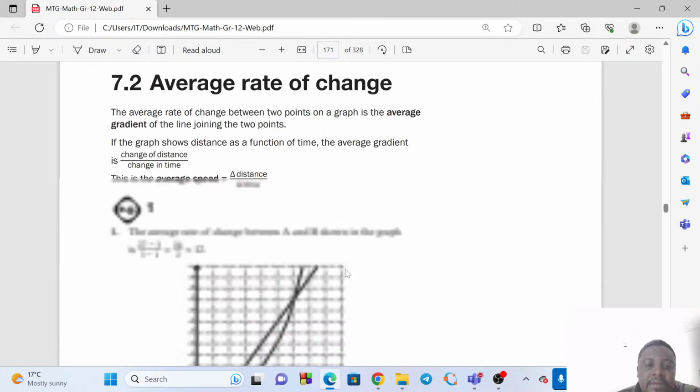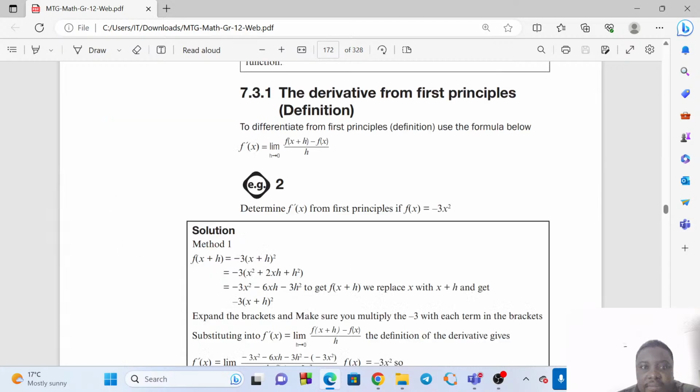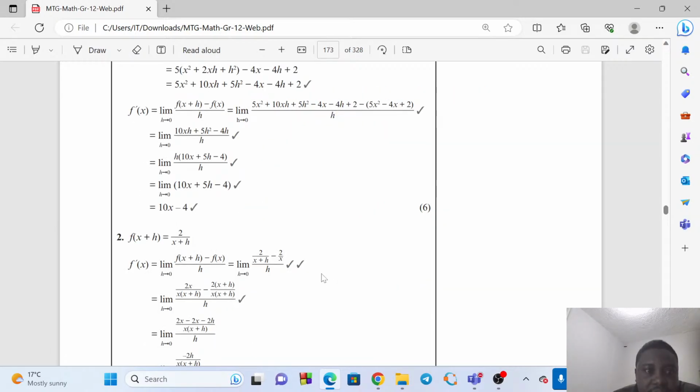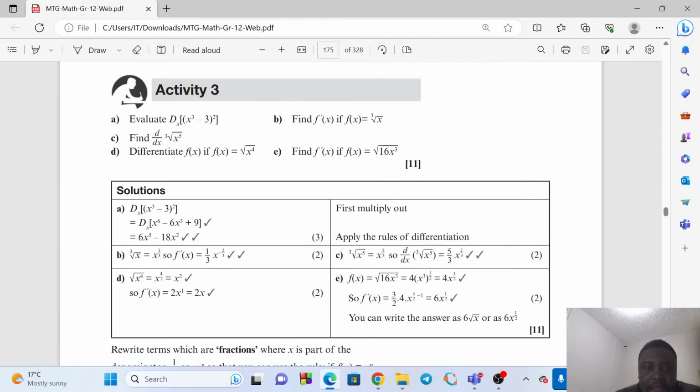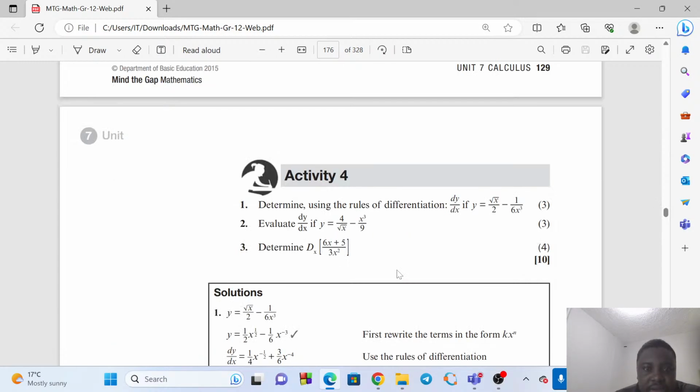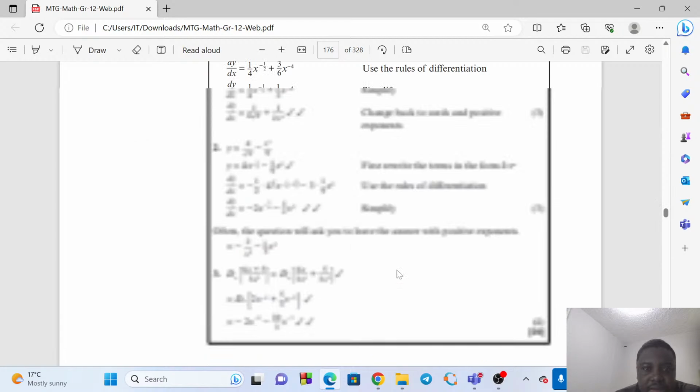Okay, average change is fine. I just want to check because I'm thinking of doing the one I told you about, the graphs. This one you did, you were happy, I was happy the way you answered them. So let's proceed. We're going to go to this one, just the solutions, use of derivatives.